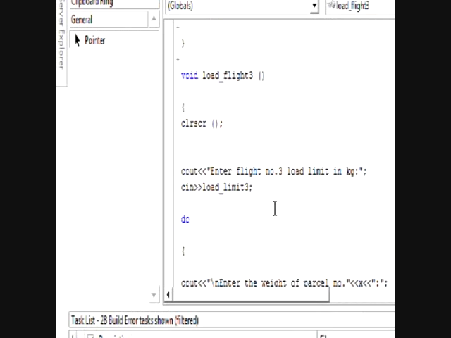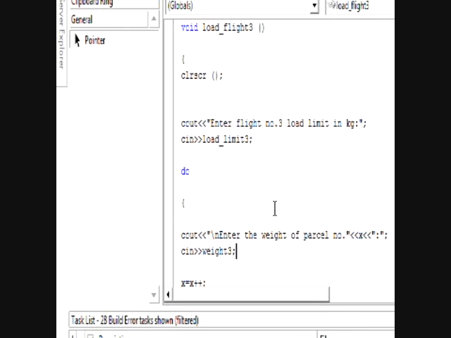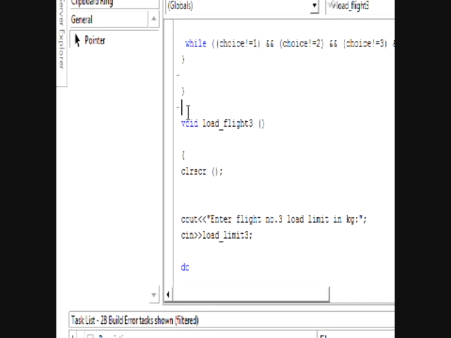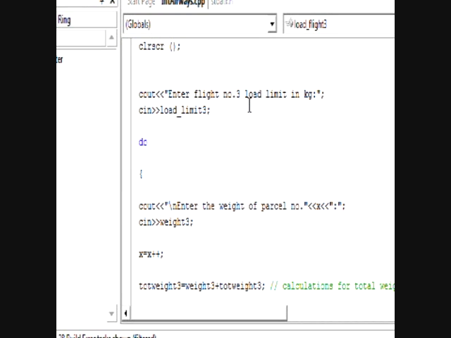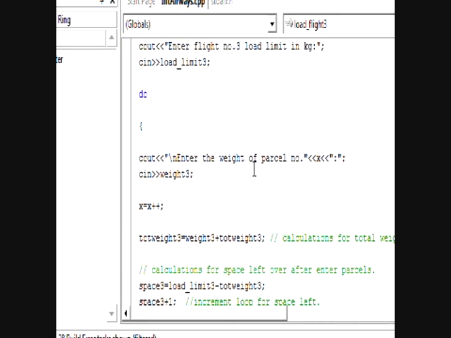Okay, so we are on to the main function of flight number 3, and we clear the screen, we get the user to enter the load limit for that flight, and then enter the first parcel.